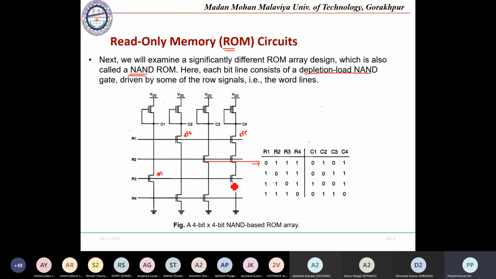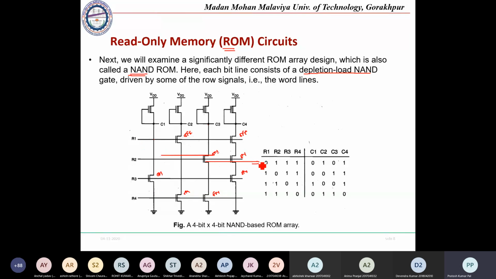So if all other transistors are on, this is on, this is on, and this is on. That means in case of the C1 terminal, if it is connected here and it is on, it is connected to 0.